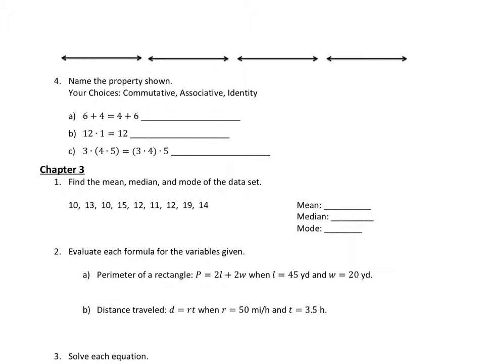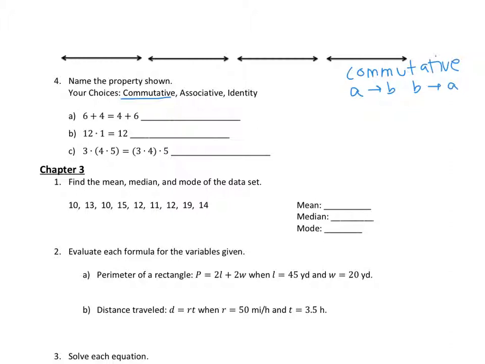The last part of chapter 2, make sure we know the properties. The commutative property, I'll write them out over here. The commutative property is kind of like you're commuting or traveling to and from something. If you're going from A to B and B to A, you're just switching the order.